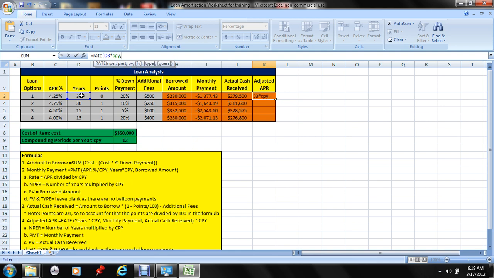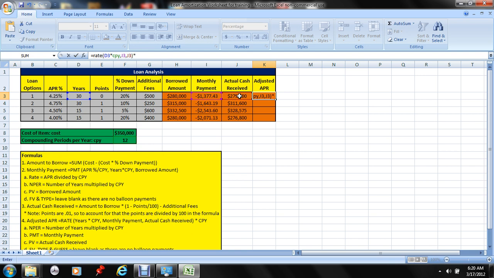And we're going to do the monthly payment, which is, in this case, $1,377. Click on that, I3, comma, the actual cash received, which in this case was $279,500. Go ahead and click on that, close the parentheses.